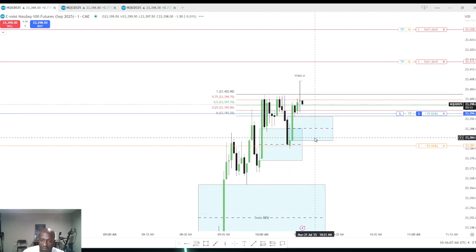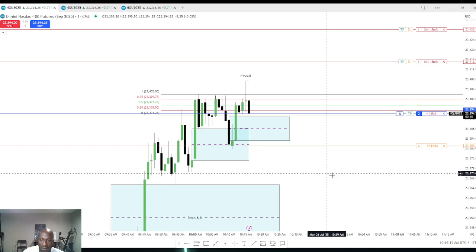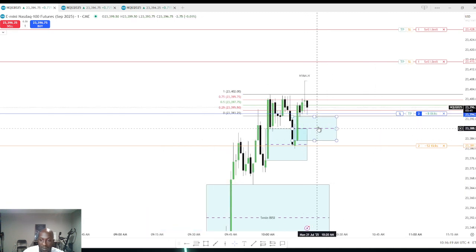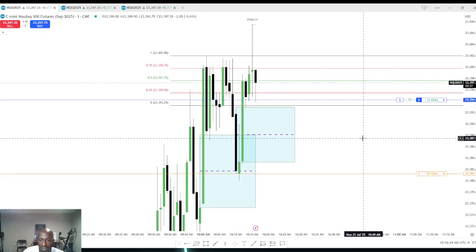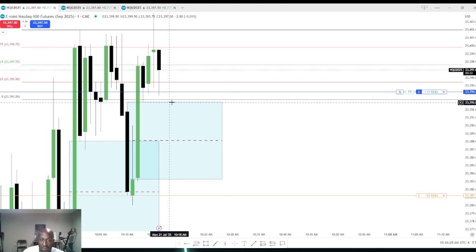So we're above this 50 or consequent encroachment of this wick. We'll allow a retracement down into here, but if we start closing below this one, it's not something I want to see. I want to see it stay above consequent encroachment of this wick.